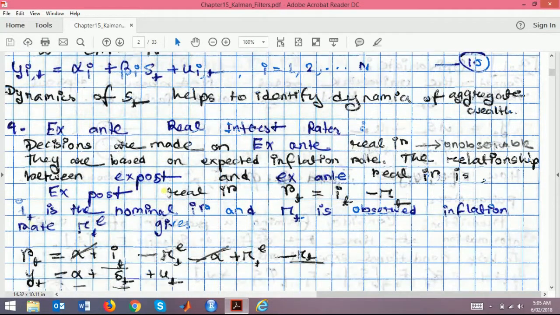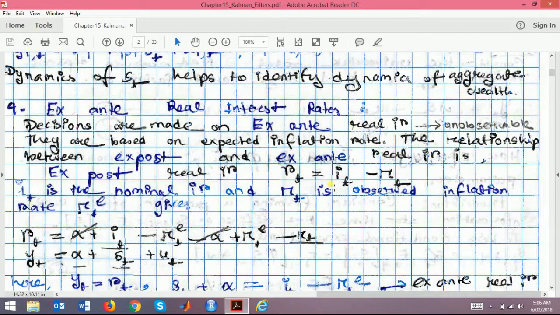Ex ante real interest rate. What does ex ante mean? Ex ante is the forecasted real interest rate that is not realized at a given time. Decisions are made on the ex ante real interest rate based on unobservable factors, such as the expected inflation rate, which is not a real one but an expected inflation rate. The relationship between ex post and ex ante real interest rate is that the ex post real interest rate is the nominal interest rate minus the inflation rate.